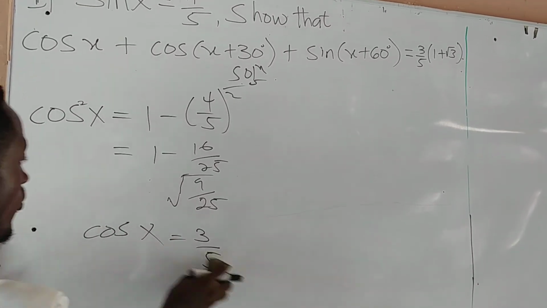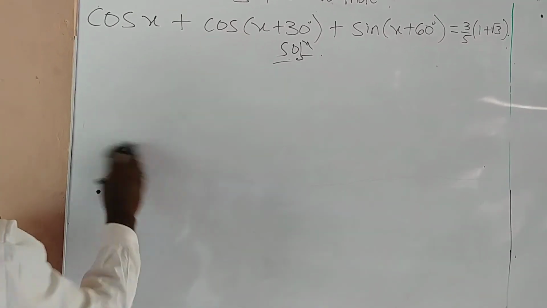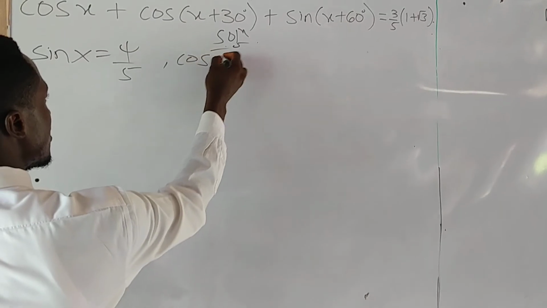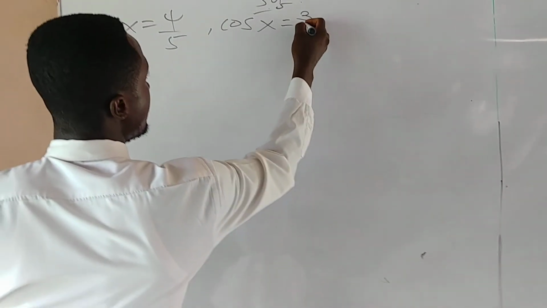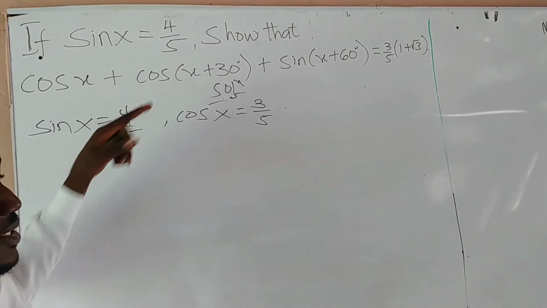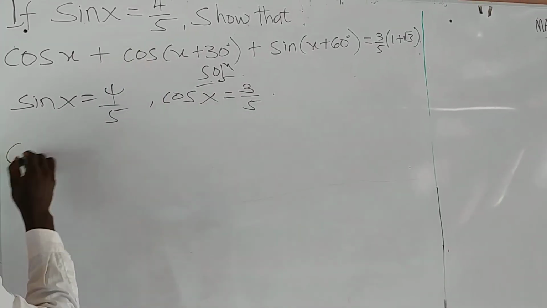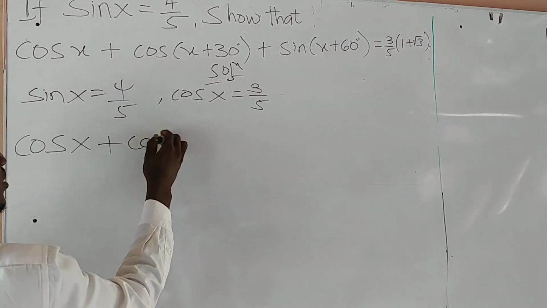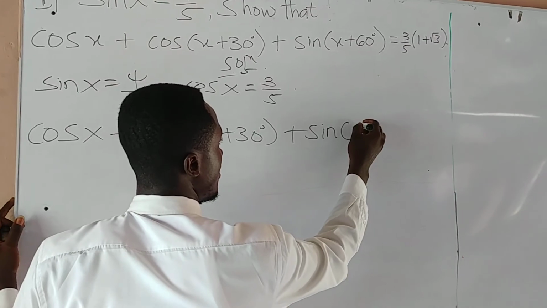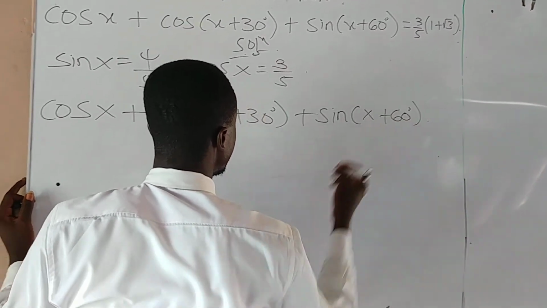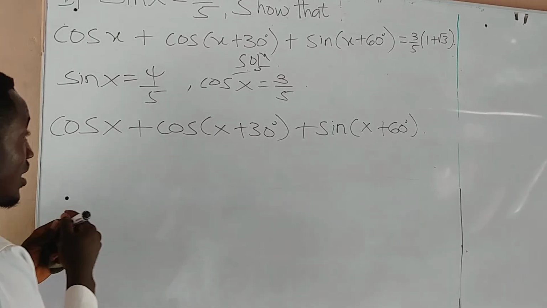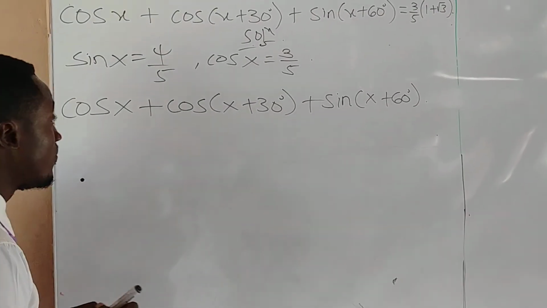Good. So let's write it somewhere. That sine x is equal to 4 on 5 and cos x is equal to 3 on 5. Okay. Now let's expand cos(x + 30 degrees) plus sin(x + 60 degrees). We know cos x is equal to 3 out of 5, so we can substitute it this way. Let's treat cos(x + 30 degrees) as a single entity.